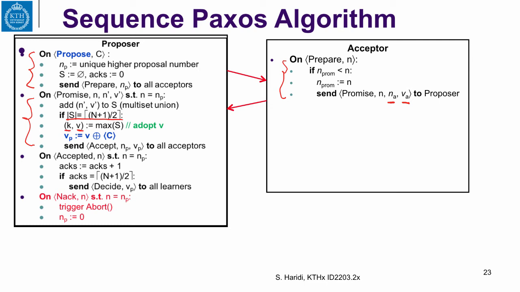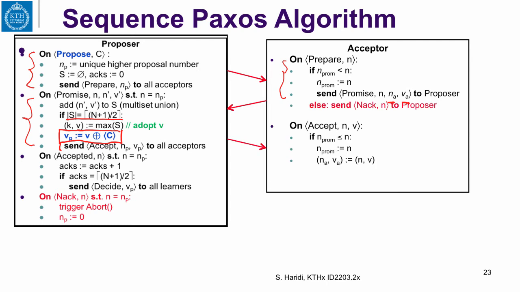And then what it does, which is the change now compared to the single value Paxos, it just appends the command to that sequence here. And we know we have two variants of how to append a command. And then it basically sends this new sequence to all acceptors, which is fine.